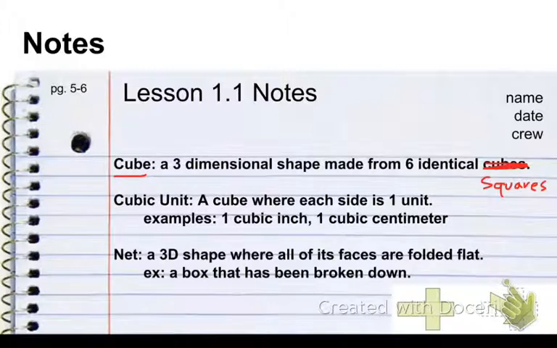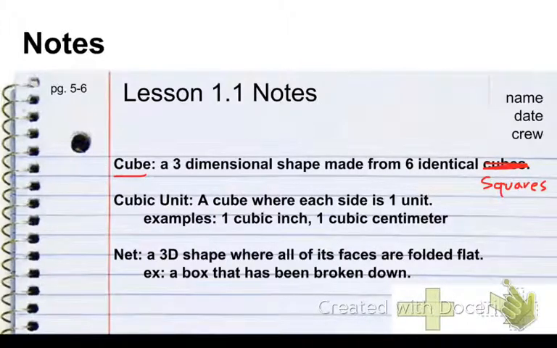A cubic unit is a cube where each side is 1 unit. An example is a cubic inch, or a cubic centimeter, or a cubic foot. Basically, it is a cube where every single side is the same length. And not just the same length, but a single unit length. It is 1 inch.